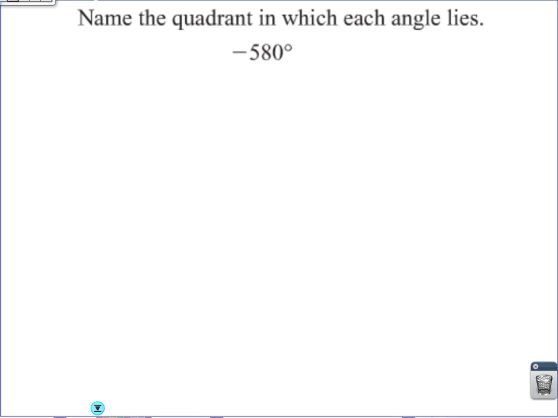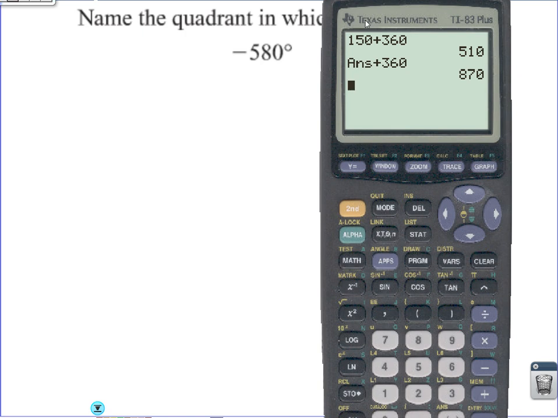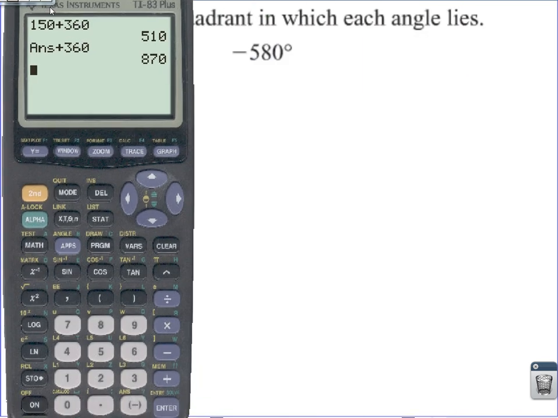What quadrant is negative 580 in? Okay, here's my advice for you. Every angle lies in the same spot as its coterminal angles. So what I would do is take out my calculator. Negative 580, because I really don't want to do all those rotations, so I just do negative 580 and add on 360.